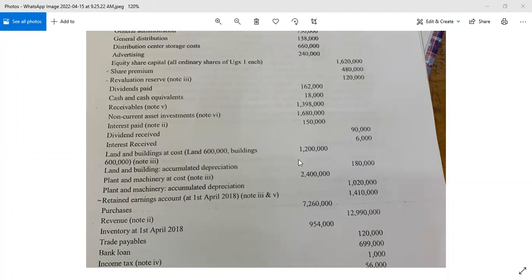Here, land and building. So you have land, then you have a building as the other asset. Then you have plant and machinery. This one is combined.